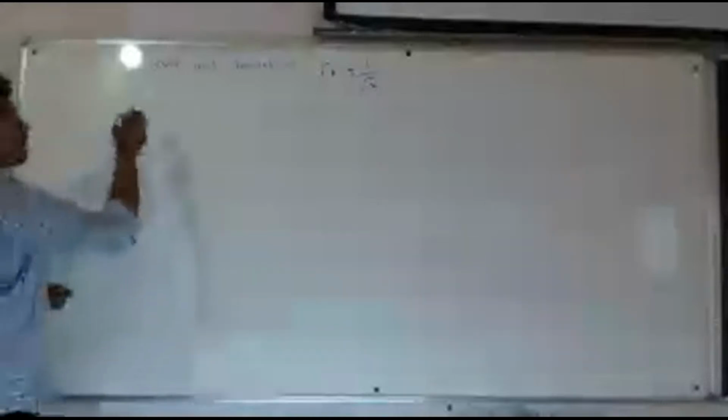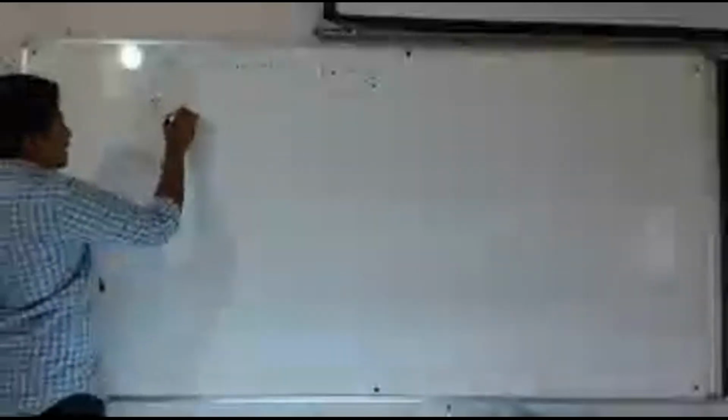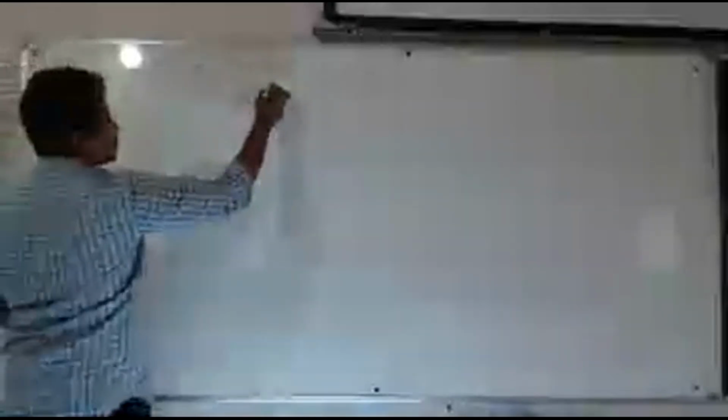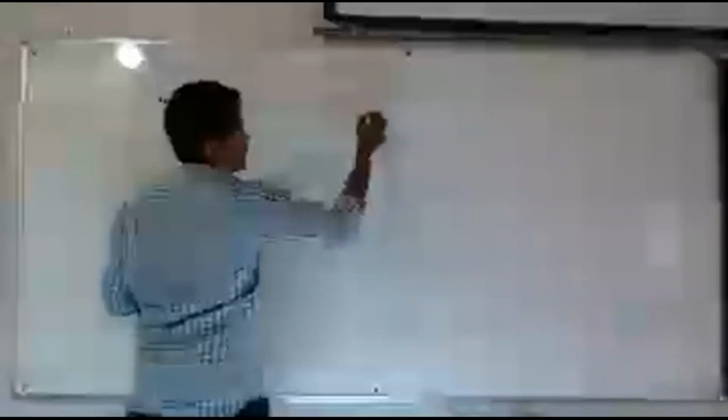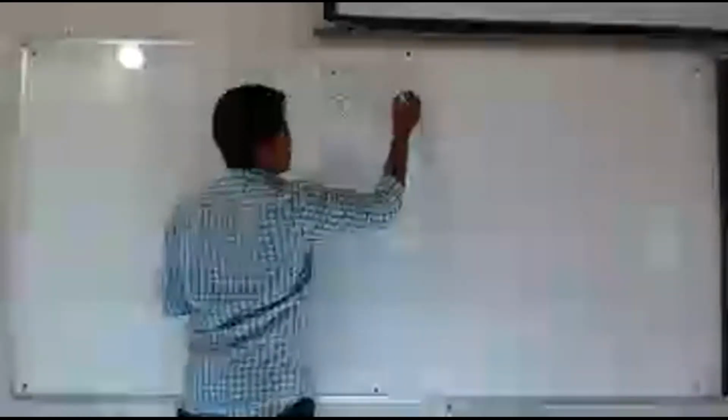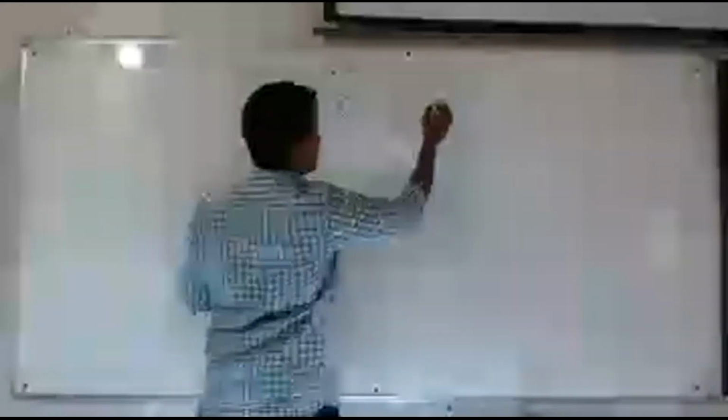We can solve directly. See here, I will write the options also. Option A: 1 by 3 x power 1 by 3 plus 2 into x power 1 by 2 plus C. Option B: 2 by 3 x power 2 by 3 plus 1 by 2 x square.